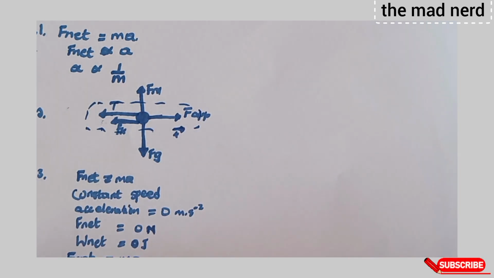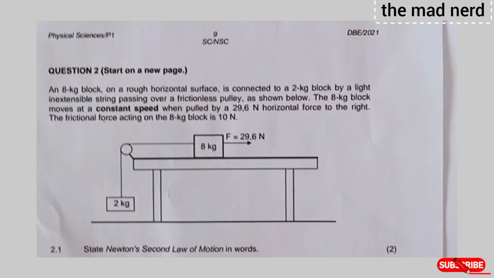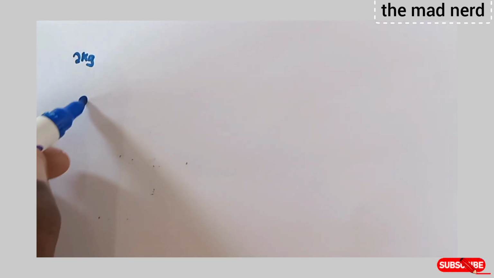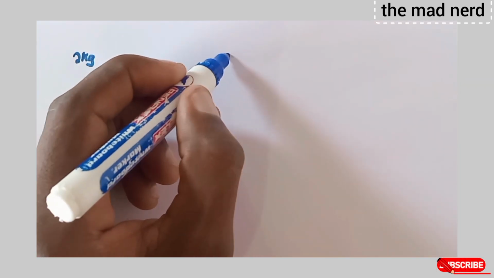And then now let's try to draw the free body diagram for the 2 kg block and also for the 8 kg block, and then we find the acceleration because we're going to need them. So let's say for the 2 kg block here, now we're drawing, and then the 8 kg block over here.